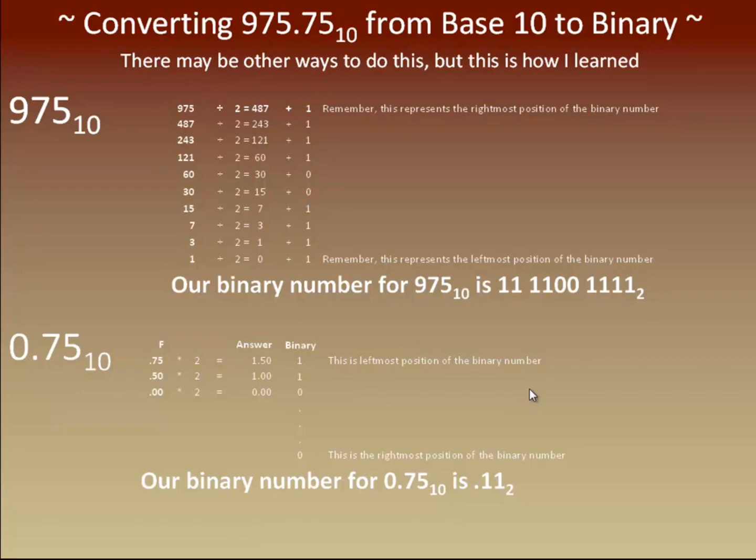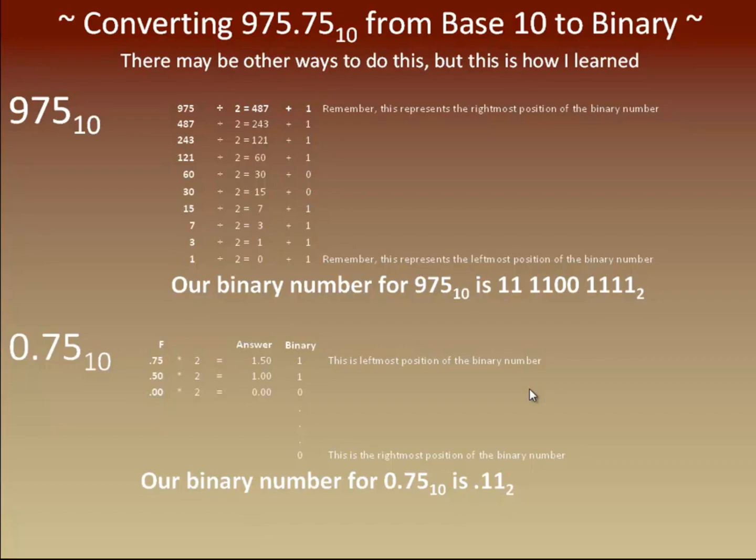Now keep in mind, when converting from fraction to binary, we place the 1s and the 0s from left to right in the order in which we converted them. Just remember, if the number being converted is to the right of the decimal, you keep the binary in the same order in which you converted it when reading from left to right. So now we know that the binary representation for 0.75 in base 10 is going to be 0.11 in base 2.